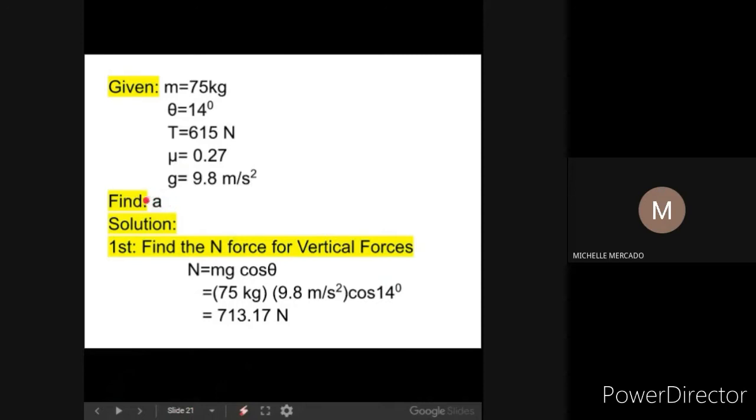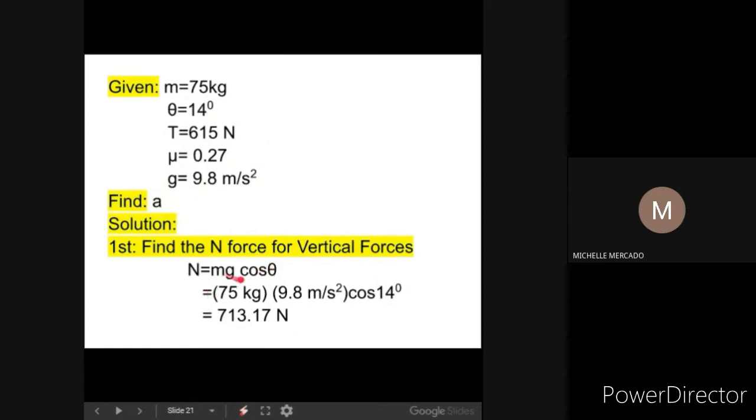In order to find the acceleration, first we're going to find the normal force. Again, the object is moving in a vertical position. Okay, if we're going to find the normal force, we're going to use a cosine angle. Ano po? So the formula that we're going to use is this one. Normal force is equals to mass times gravity times cosine angle.